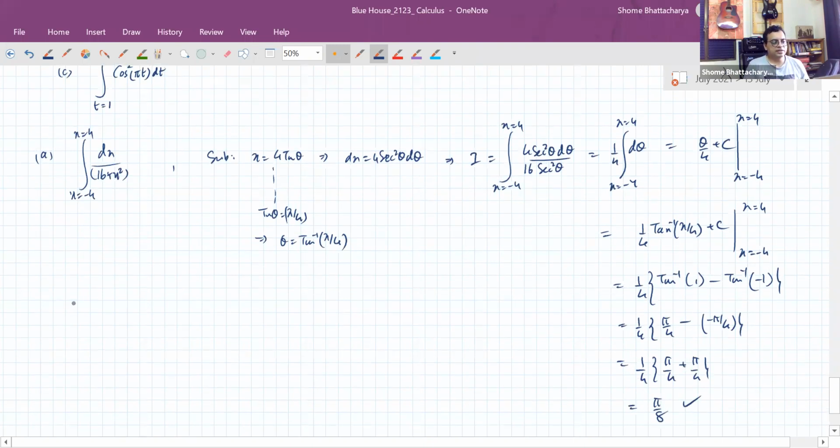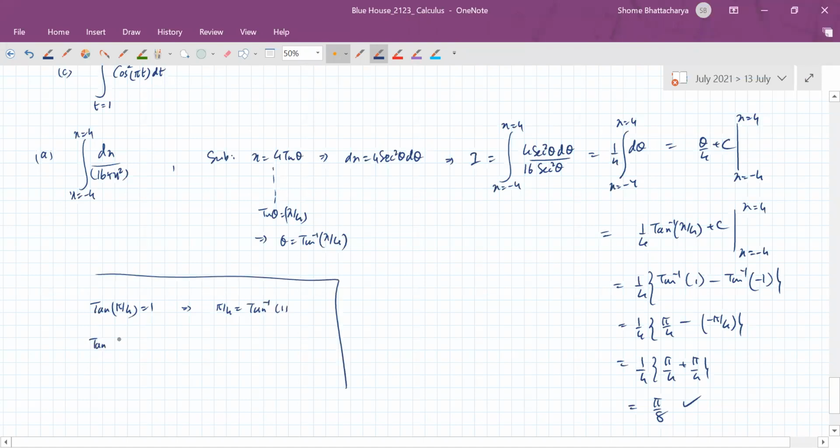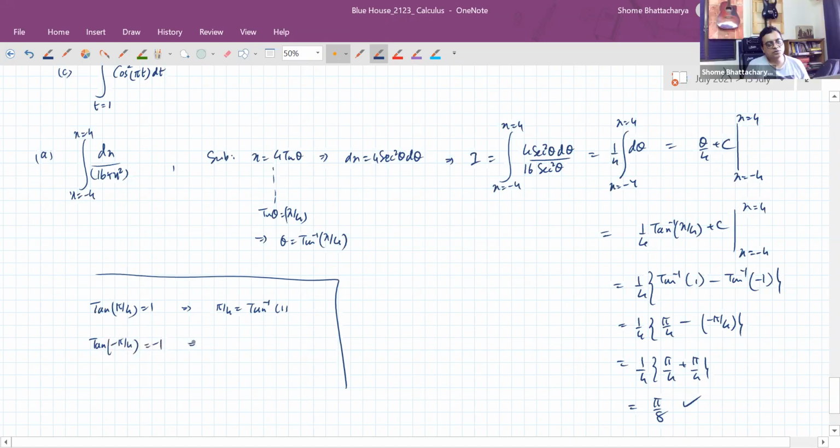So here we have to understand that we know that tan pi by 4 is equal to 1. So that means pi by 4 is tan inverse 1. And we know that tan of minus pi by 4 is -1.